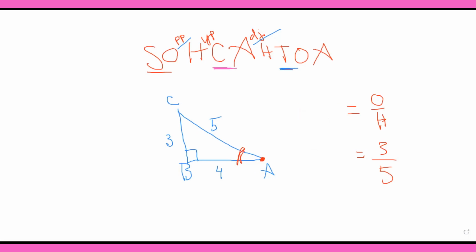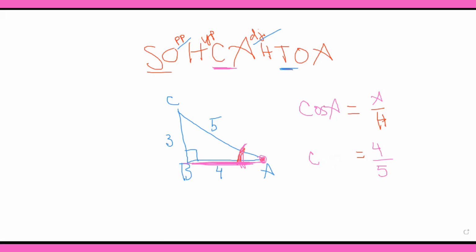So now let's do the cosine. So the cosine, so C-A-H, so the cosine of big A would be adjacent over hypotenuse. So for us, cosine of big A, in this case, the adjacent to big A, if I'm sitting here at A, here's my angle, adjacent to A is 4. 4 over the hypotenuse, which is 5, 4/5.